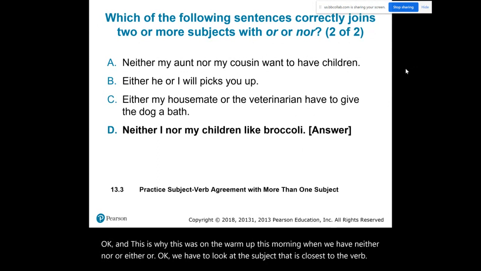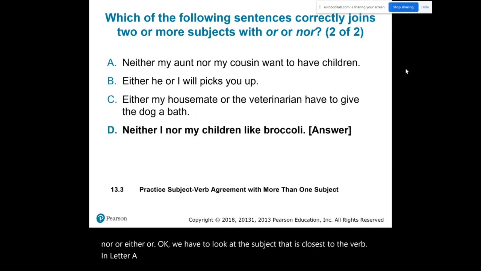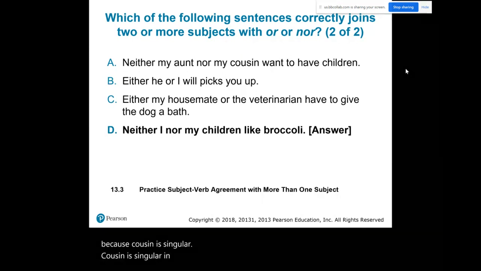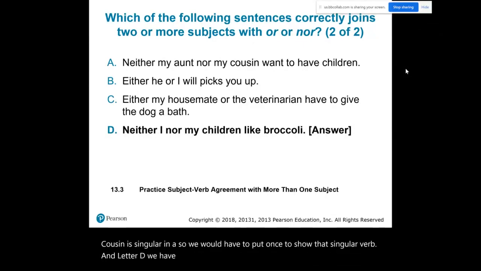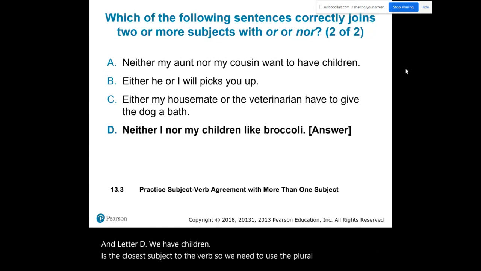In letter A, cousin is closest to the verb want. So we would have to say once because cousin is singular. Cousin is singular in A, so we would have to put once to show us that singular verb. In letter D, we have children, the closest subject to the verb. So we need to use the plural form like.